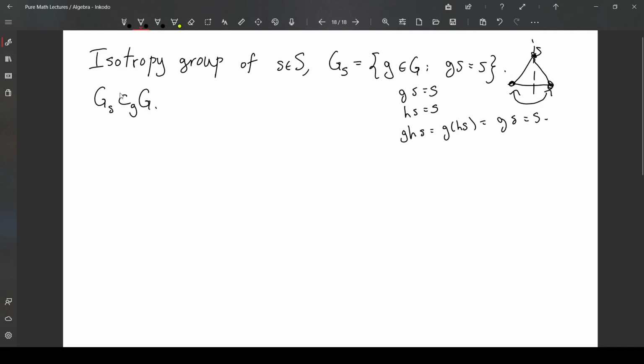But it's not necessarily normal, right? So if I take something like H inverse, where H is not in G_S and G is in G_S, and I apply this on S, this may or may not be equal to S. So let me try and think of an example with this thing here.